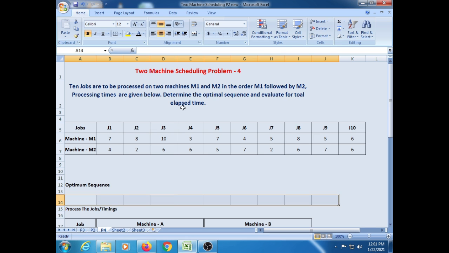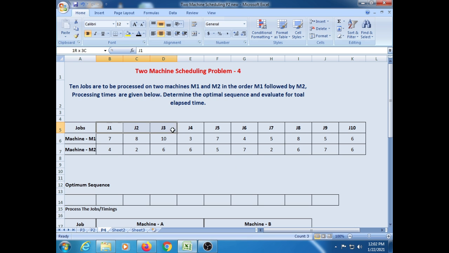That's why we have to find the optimum sequence. So how do we find it? These 10 jobs we have to arrange in an optimal order. How we arrange them, we will see.